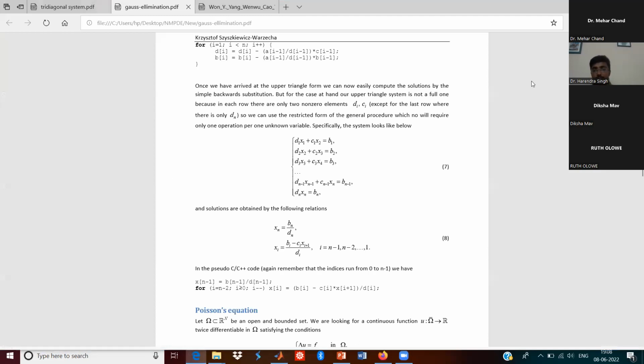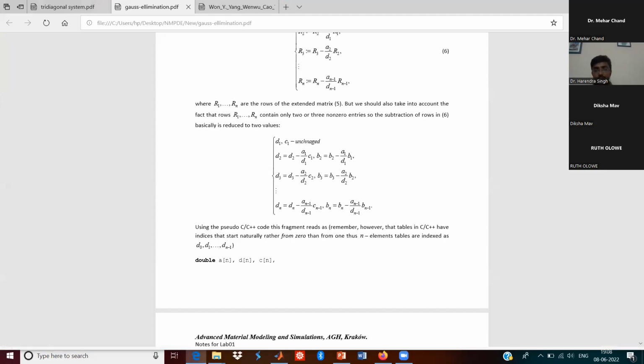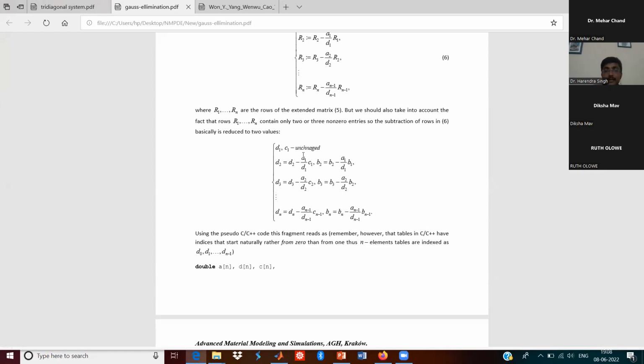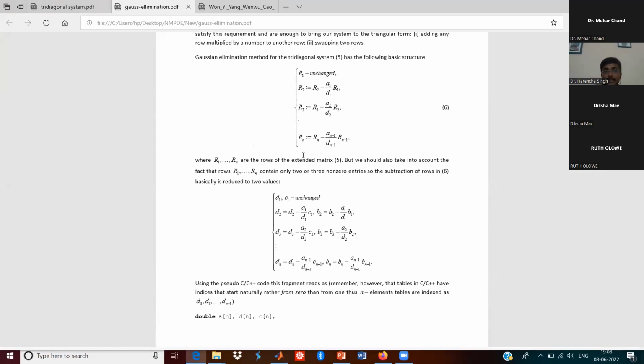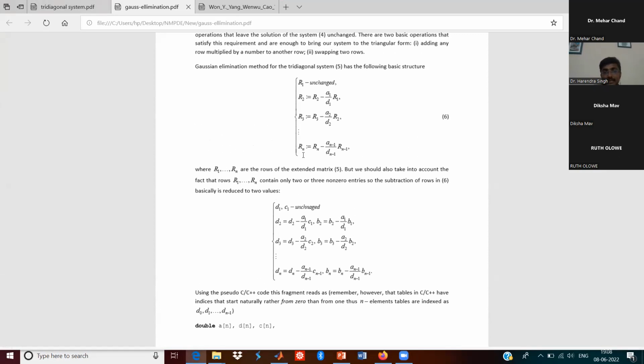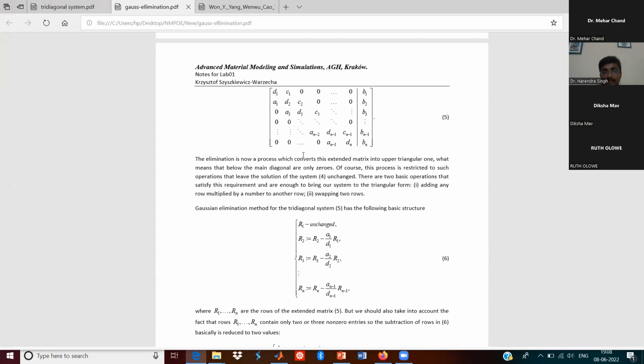You can see that from the second entry, d2 equals d2 minus a1 by d1 into c1. That is, I have taken a1 by d1 as TMP, the temporary value. A1 by d1 means a1 is the first entry. You can see that the column is the same but the row is different.